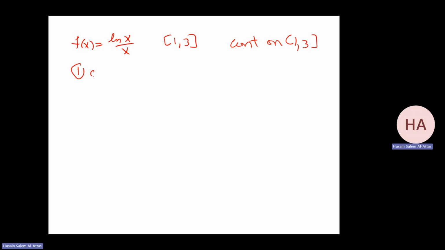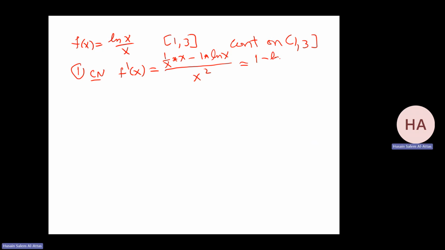My first step, critical number. F prime will be 1 over x times x, minus 1 times ln x, over x squared.